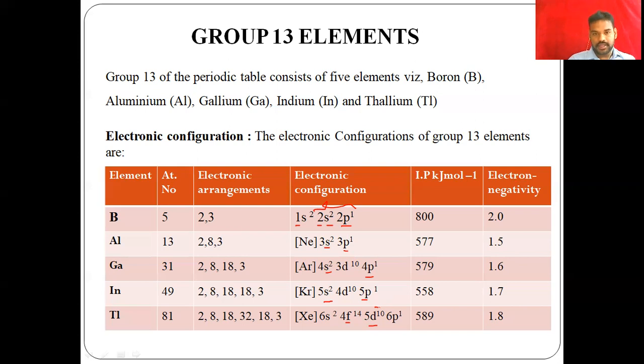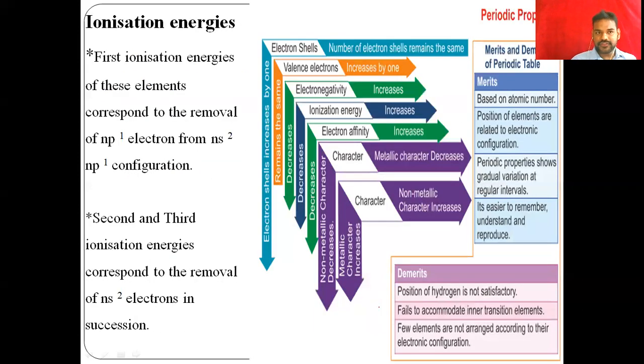And then this is about the electronic configuration and some of the brief characters of this group, the boron family. And then first we have to discuss the ionization energy. So ionization energy, you know that, we already discussed: the first ionization energy of this compound corresponds to removal of the np1 electron.